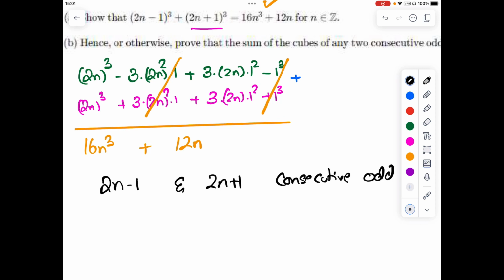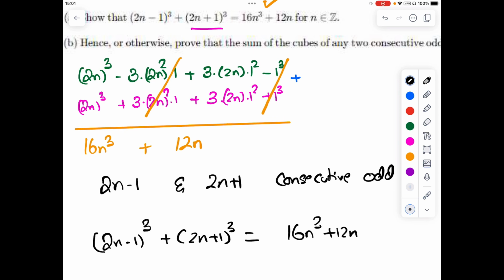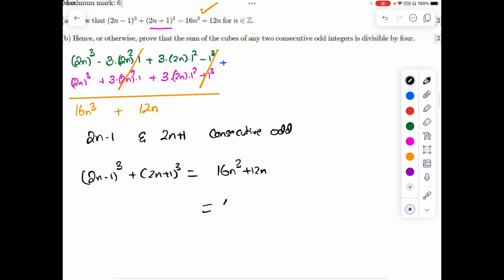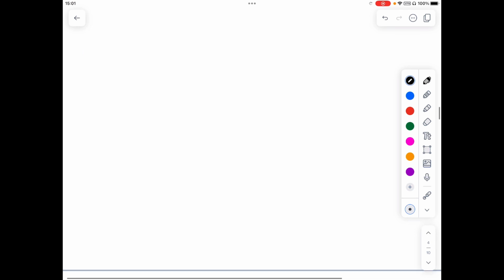The sum of the cubes, (2n minus 1) whole cube plus (2n plus 1) whole cube, is how much we have proved it as? 16n cube plus 12n. We have to prove that it is divisible by 4. So can I take 4 common? It becomes 4 times (4n cube plus 3n). Yes, it has been proved. We can still take 4n also common, but 4 is sufficient enough.